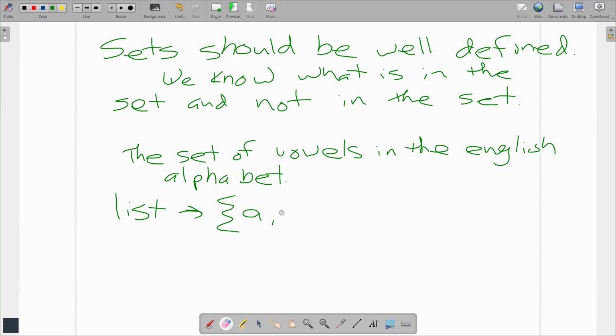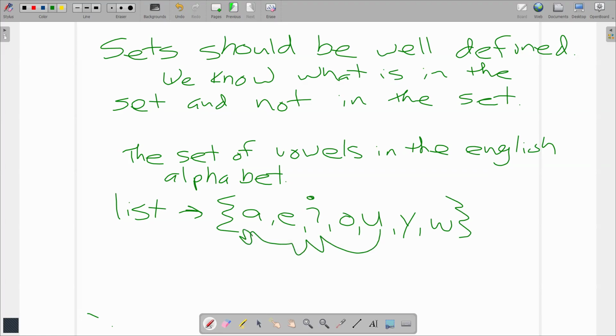E? I, A-E-I. O, U, ooh, that's not a U. U, sometimes Y, oh. And it turns out sometimes W can be considered a vowel, depends on how it's used. Typically, we're used to those right there.